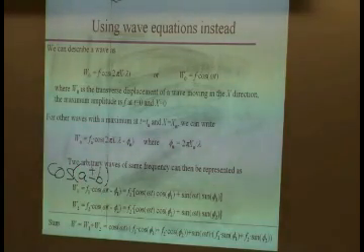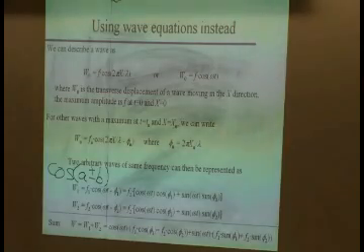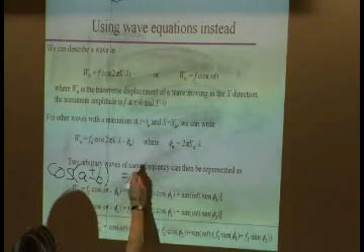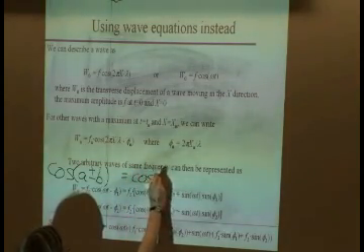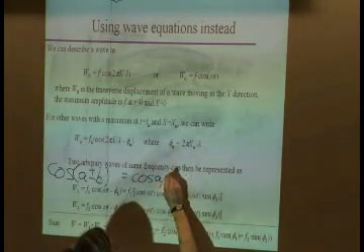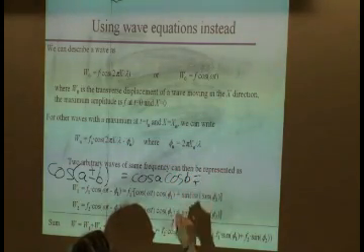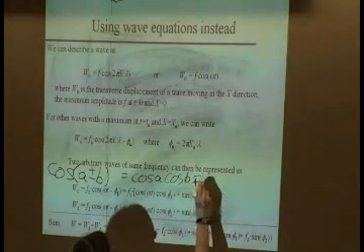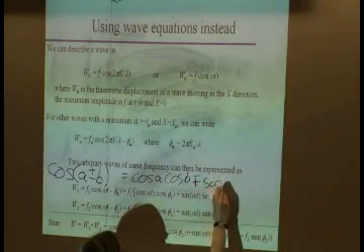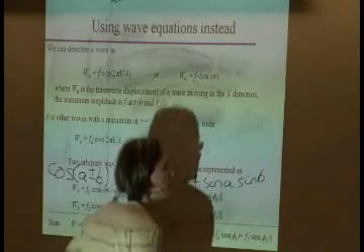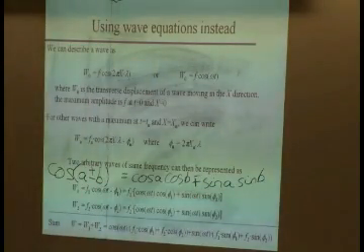Here's a nice rule for cosine of A plus or minus B. This rule says it's the cosine A times the cosine B, minus or plus (so the sign changes), the sine of A times the sine of B. Okay?